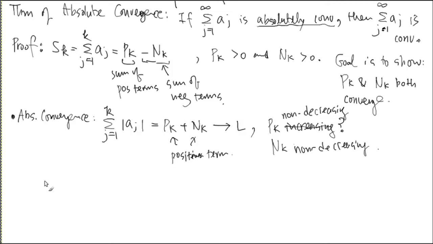So from there, I hope it's obvious that pK plus NK eventually goes to L, but keeps increasing, right? So there's no chance that this is going to be greater than L. If pK plus NK one time is greater than L, it keeps on going. There's no way of coming back to L, right? So this pK plus NK will never exceed L, correct?